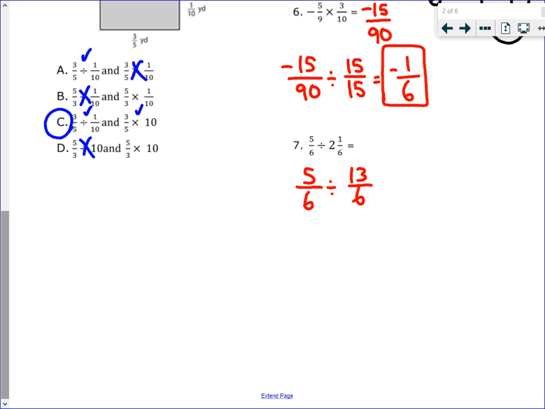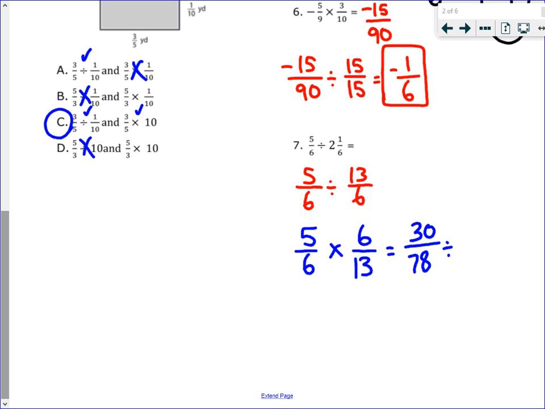So 5/6 divided by 13/6. You're going to multiply by the reciprocal here. So we're going to keep the original 5/6 here, our divisor, and then we're going to change that to multiplication. We're going to flip this, multiply by the reciprocal, and then we're going to get 30 over 78.